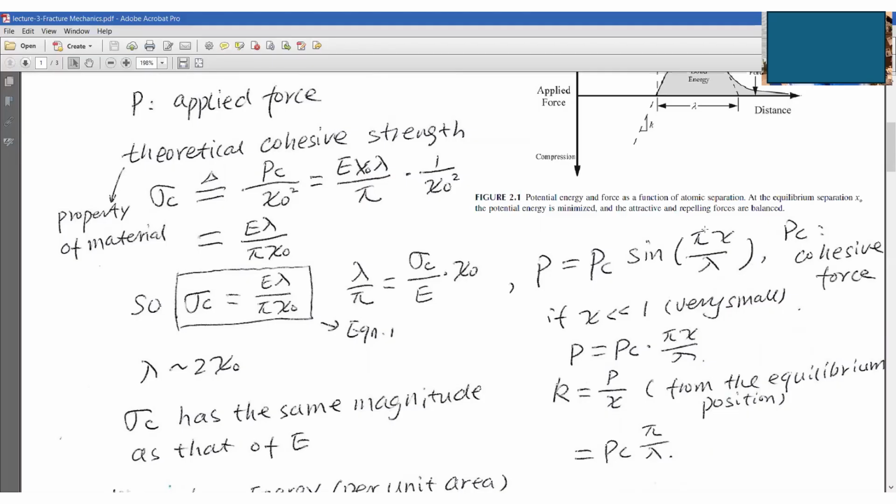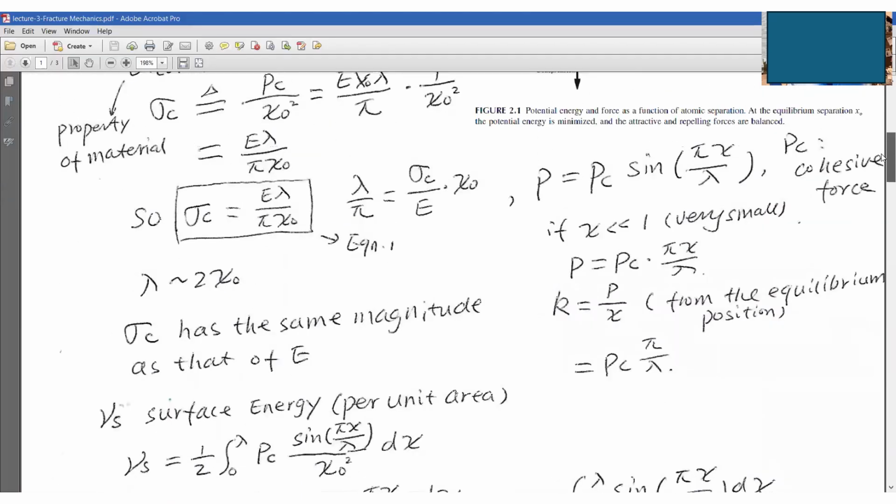So sine of pi x over lambda is approximately pi x over lambda. And then we have this stiffness K. K is P divided by x, which equals PC multiplied by pi over lambda.